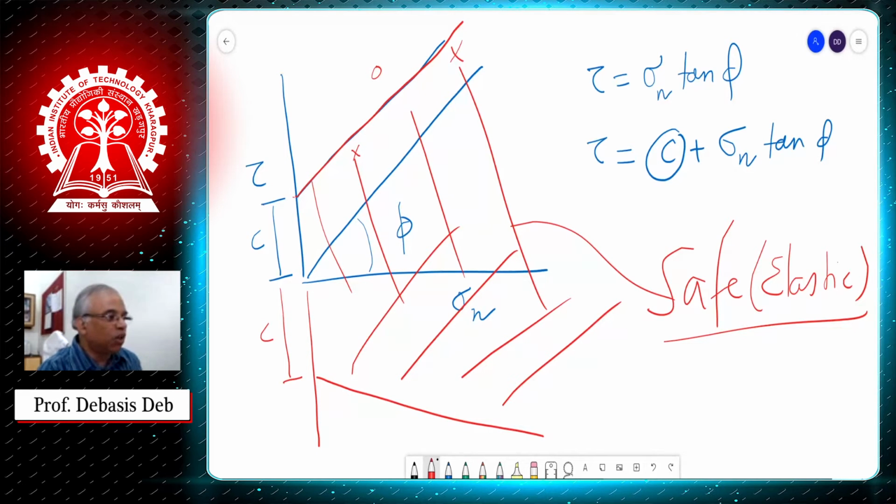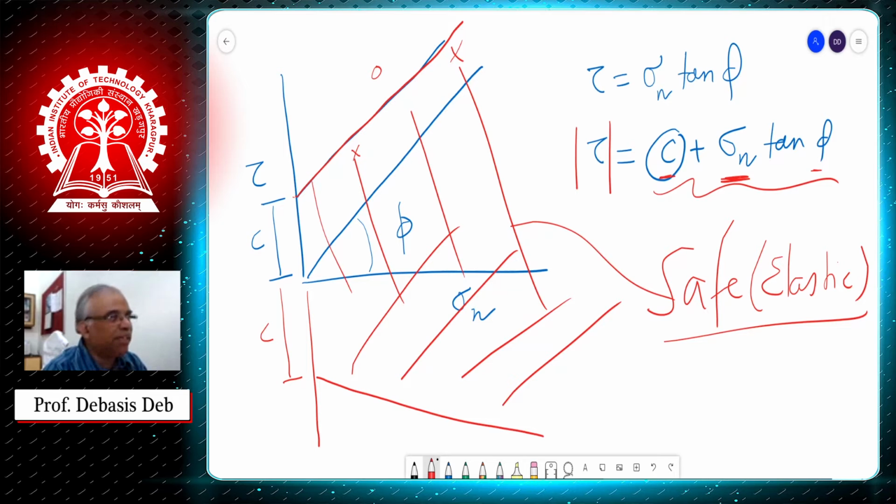Then we normally write the mod value of this, because we consider C positive, sigma n we normally take positive, and phi is also positive.